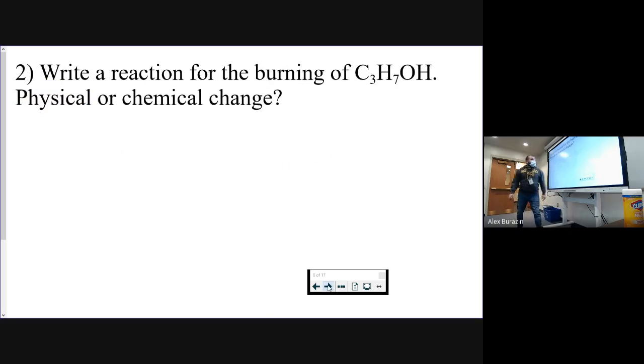Physical change. Write a reaction for the burning of propanol. Not that I would expect you to know that that is propanol, but that's okay. Let's do this. When I burn something, what's the other reactant?